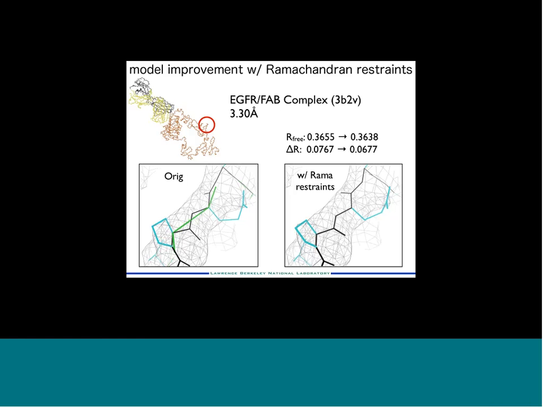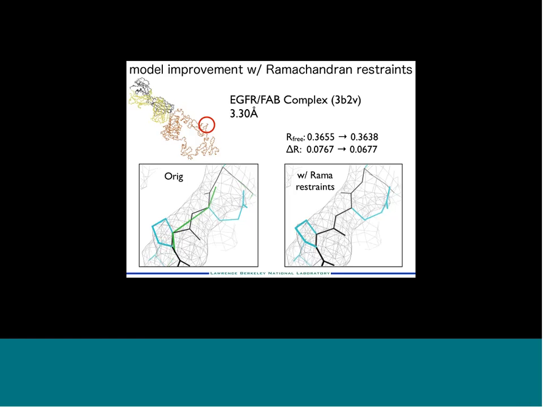This is the kind of case that we are able to capture with this type of restraint, but it can be extremely dangerous to use these, and it should only be used as a last resort. Because you're removing one of the key validation metrics when you use this type of restraint, and often if your model is bad to begin with, you're probably going to just lock it into another wrong position.